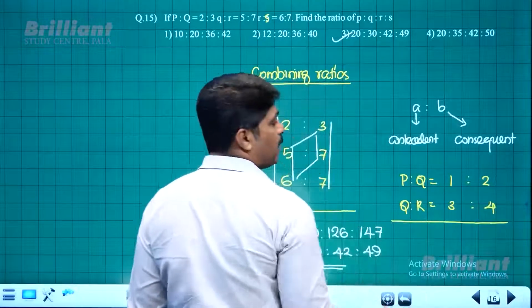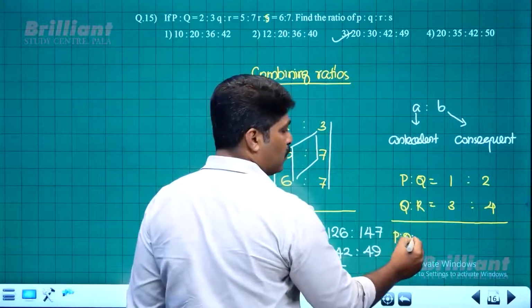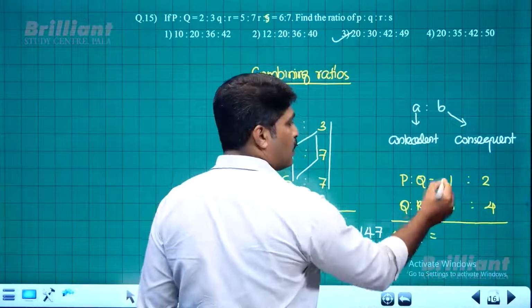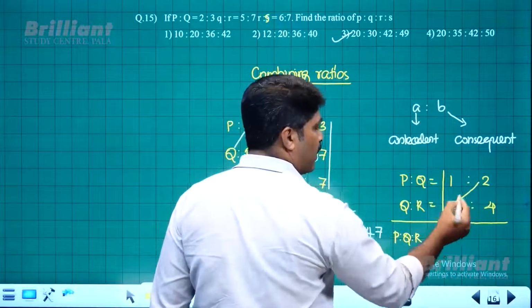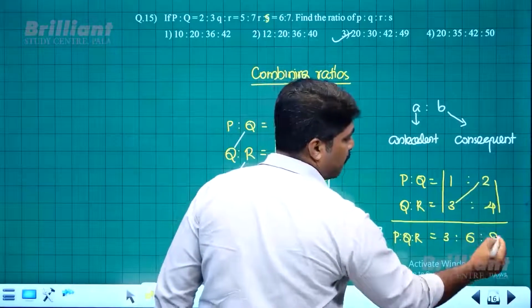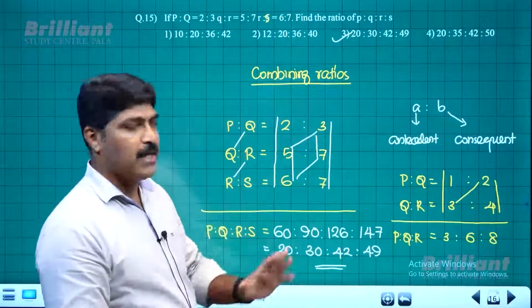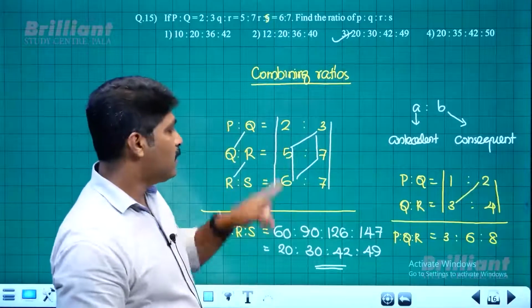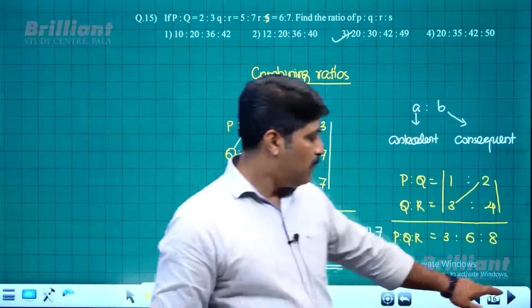So how to combine them? For finding P is to Q is to R, you just multiply 1 into 3, that is 3, then multiply 3 into 2, that is 6, then multiply 2 into 4, that is equal to 8. So this is how to combine two ratios. Okay, then move to the next question.